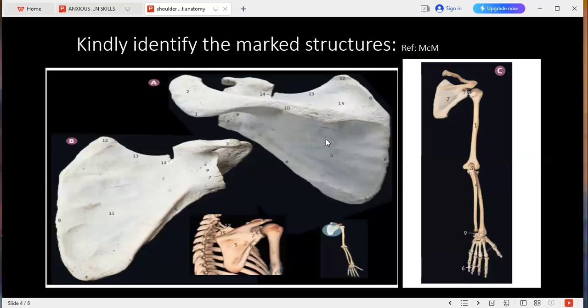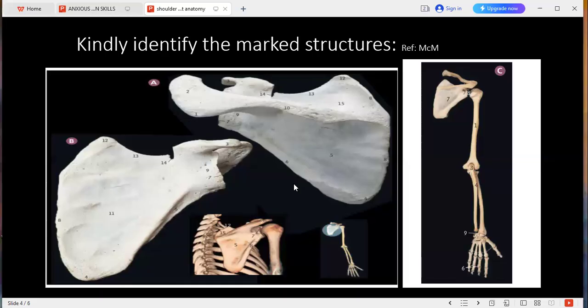Can you tell me, by looking at this image or any image that you want, where exactly the quadrangular space is located, and what are the boundaries and contents of the quadrangular space? The quadrangular space is located just inferior to the shoulder joint, just below the infraglenoid tubercle.